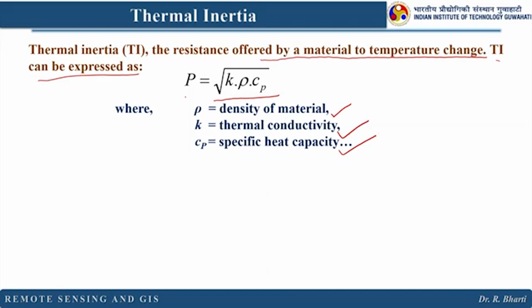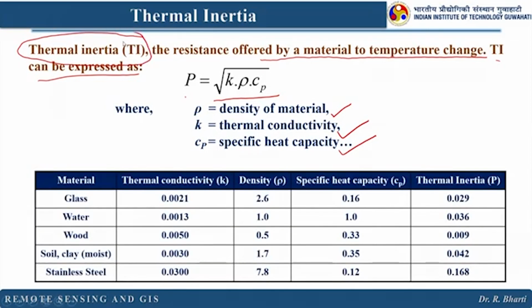If you know the density, thermal conductivity and specific heat of the material, then you can easily find out the thermal inertia value of that particular target, right? Here you can see thermal conductivity, density, specific heat, and then we have calculated the thermal inertia.